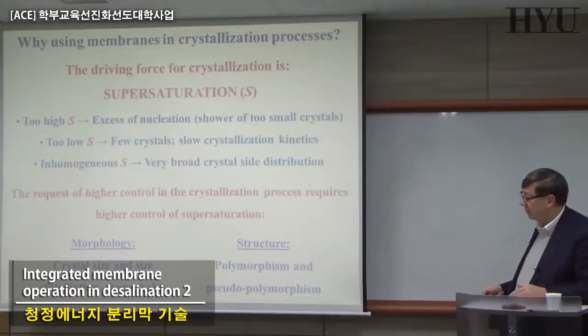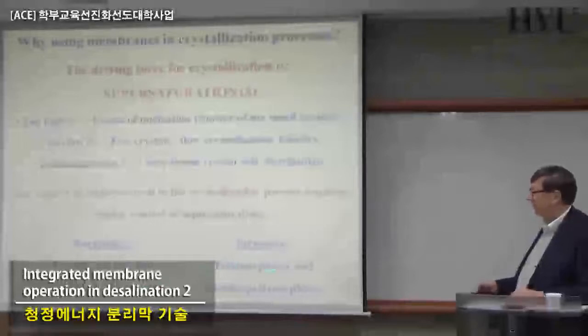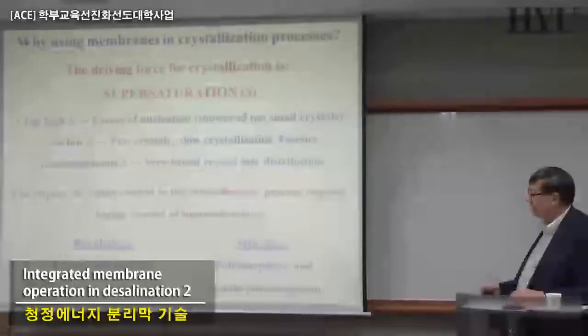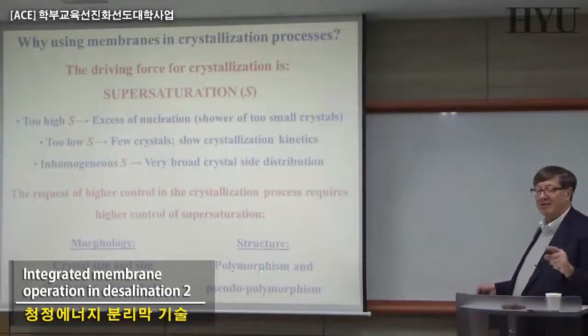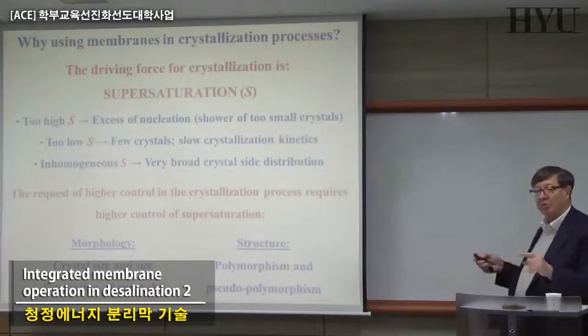Basically, there's nothing different. And in this case, you can have control of the crystal size and the habit and the control of the polymorph, etc. This is one of the most interesting results today. You not only crystallize, you crystallize what you want to crystallize in terms of polymorph.